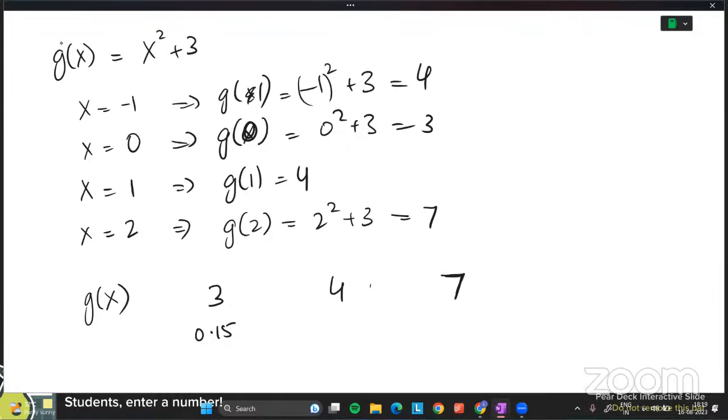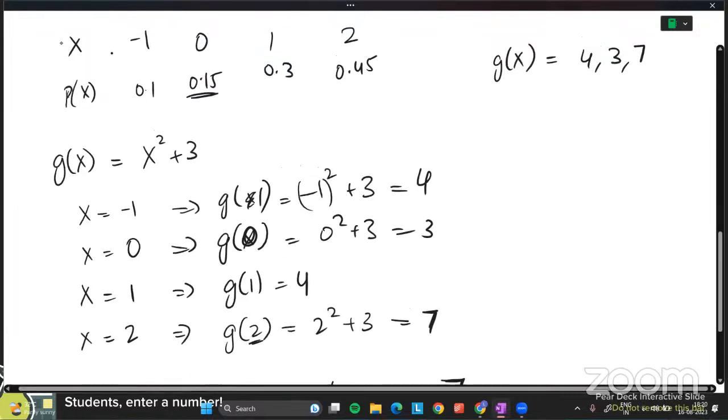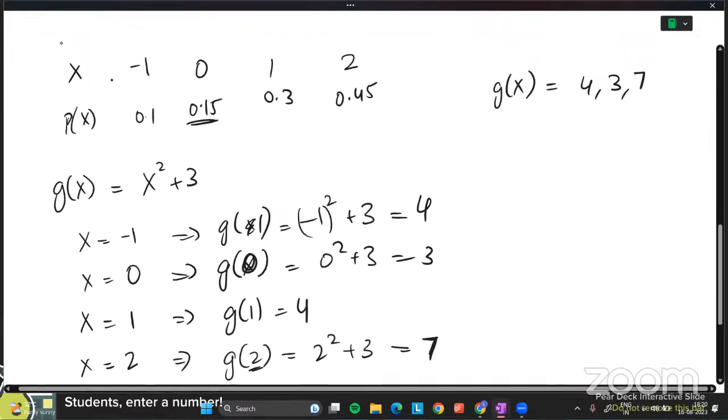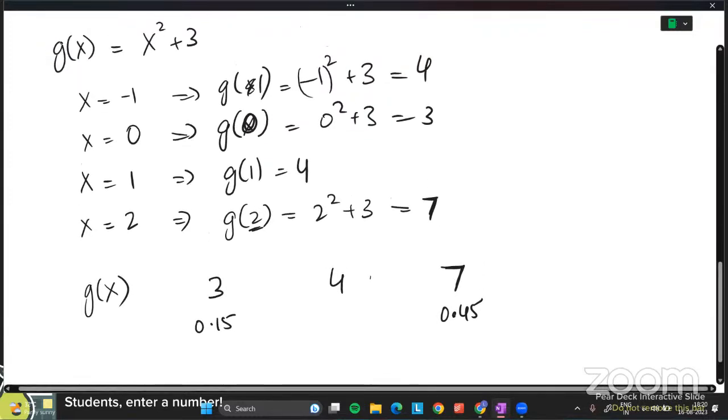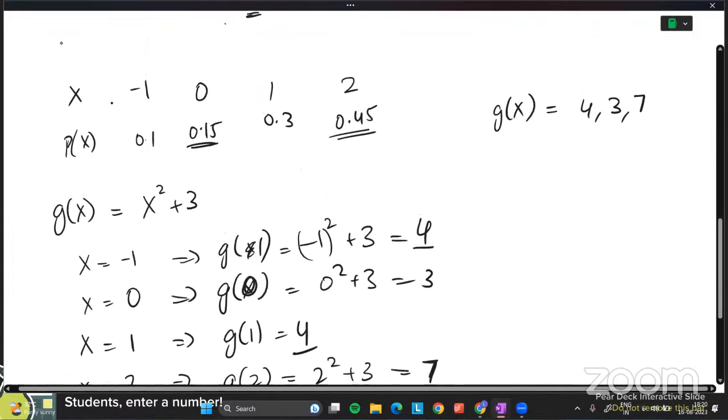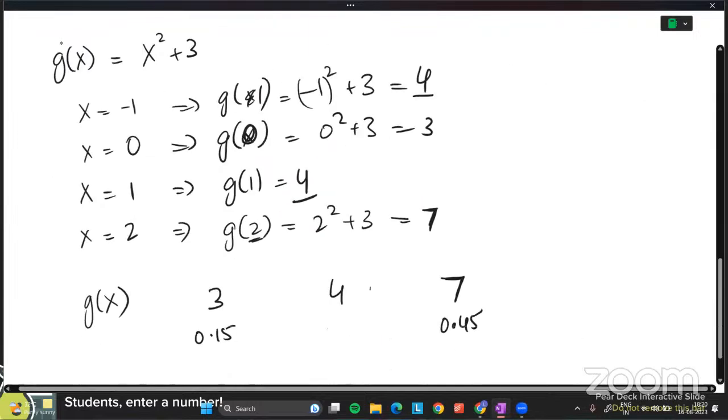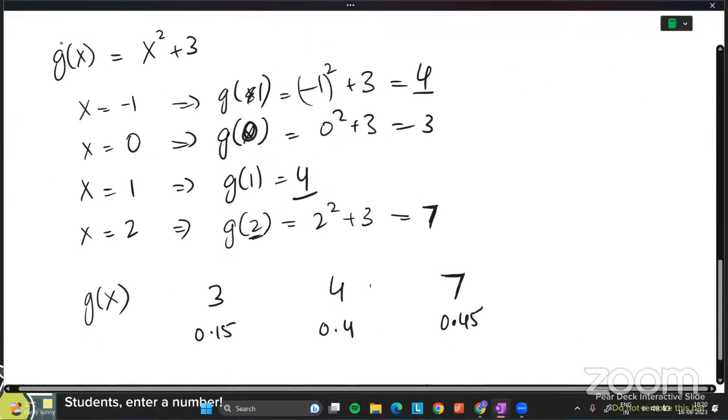For 7, we need x to take the value 2. x takes 2 with the probability 0.45, so here also it will be 0.45. Now for 4, we can get 4 with either minus 1 or 1, so we can add the probabilities of 0.1 and 0.3. So this will be 0.4.